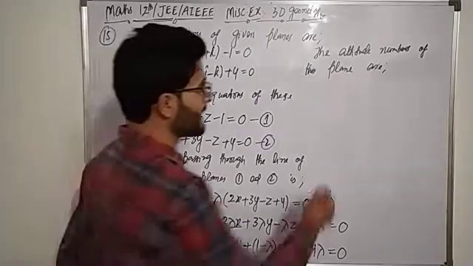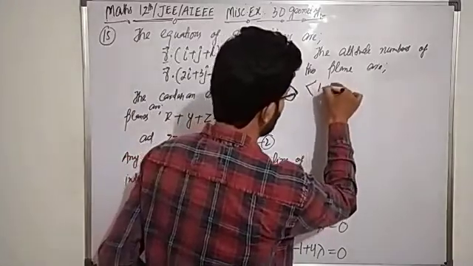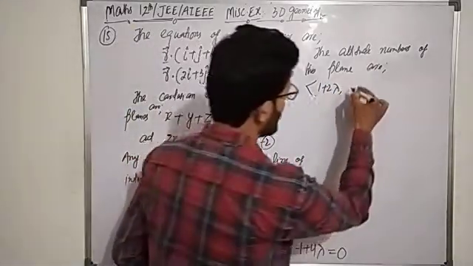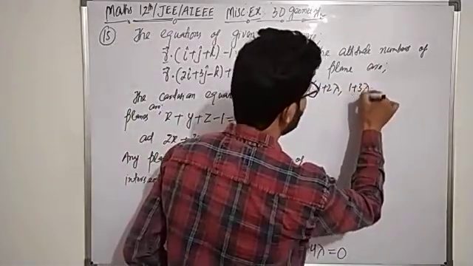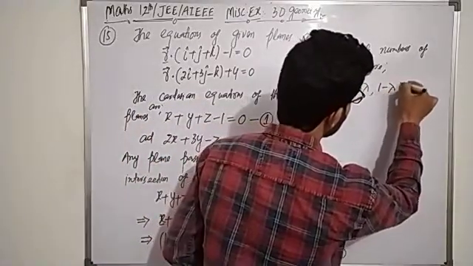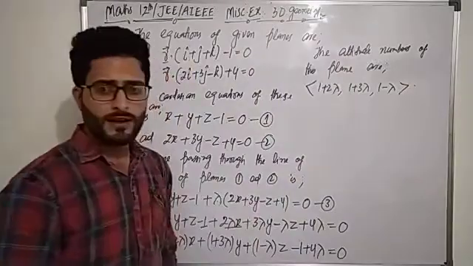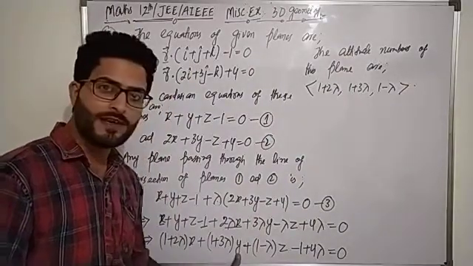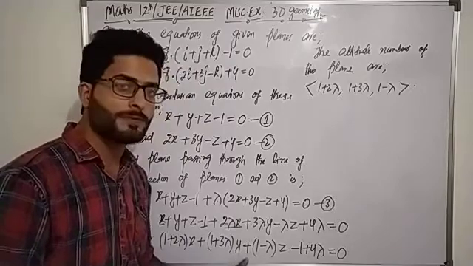Ordered 3 tuple of 1 plus 2 lambda. Yes. 1 plus 3 lambda. And 1 minus lambda. So these are the direction ratios of normal to plane. These are attitude numbers of this plane.